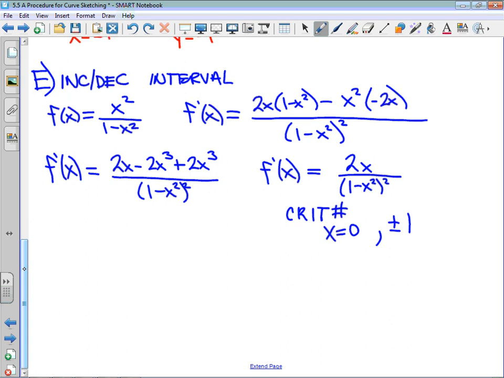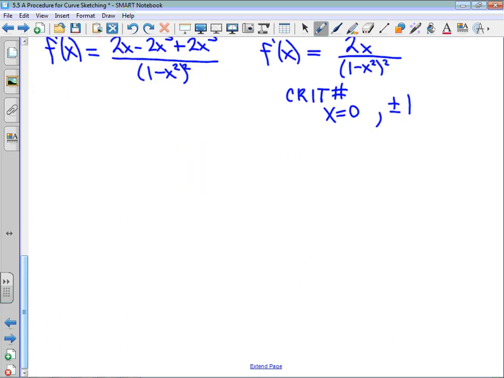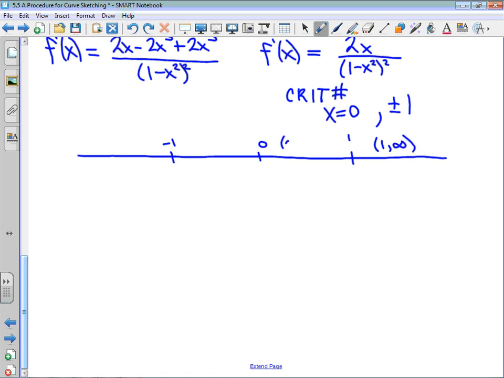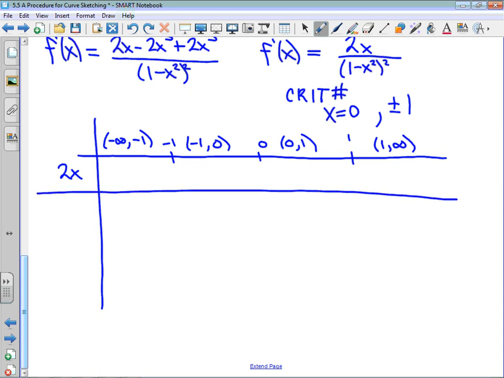So from those numbers, we're going to set up our sign chart. So we have -1, 0, +1, which makes the intervals 1 to infinity, 0 to 1, -1 to 0, and -infinity to -1. I'm going to take my factors, which are 2x and 1 minus x squared squared.